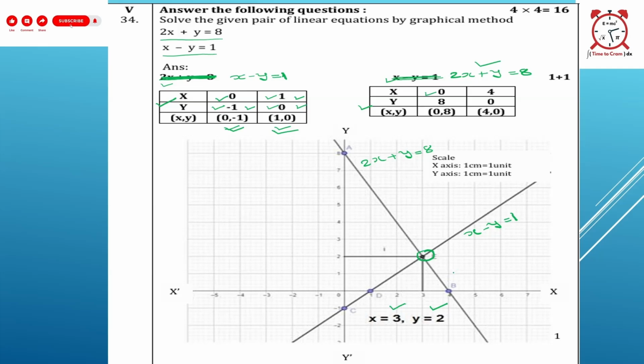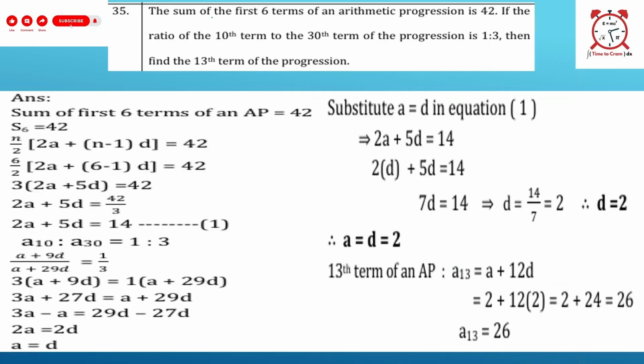Next question, question number 35. The sum of the first 6 terms of an arithmetic progression is 42. If the ratio of the 10th term to the 30th term of the progression is 1:3, then find the 13th term of the progression. So here S6 equal to 42. By keeping the formula, we will get a linear equation in two variables a and d as 2a plus 5d equal to 14.